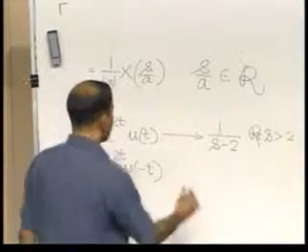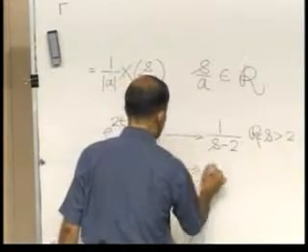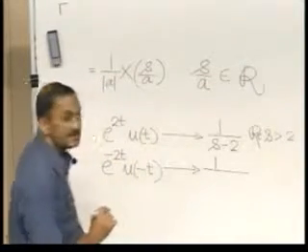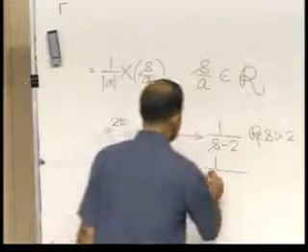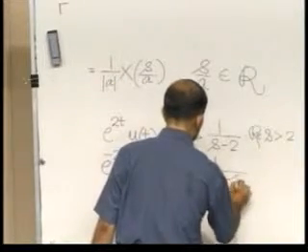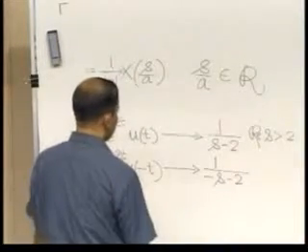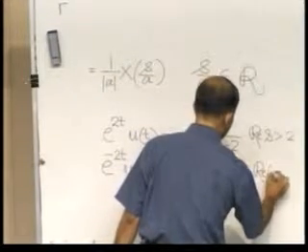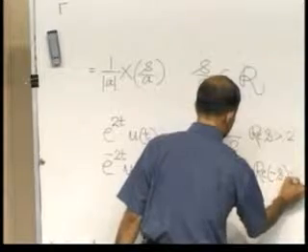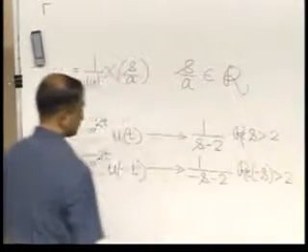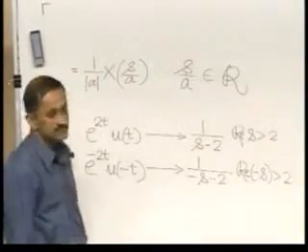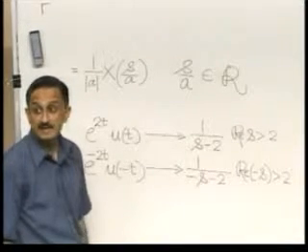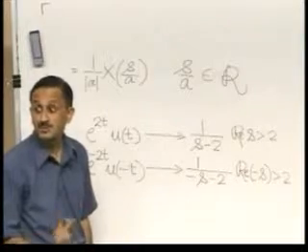Now, this would have the Laplace transform given by 1 by, see, replace s by a, so minus s. It's minus s minus 2, but it's important, real part of minus s greater than 2, which implies the real part of s is less than minus 2.